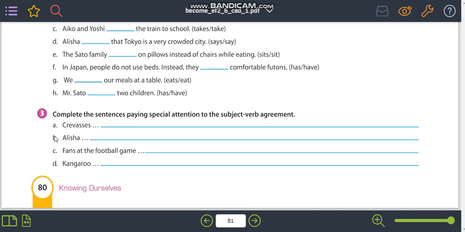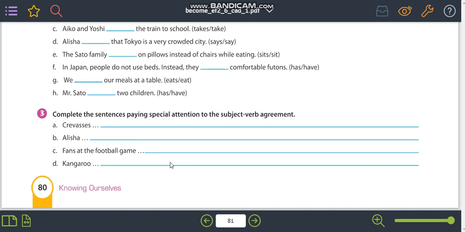Alicia, third person. Fans at the football game, for it's the plural form, fans. And kangaroo, we can replace it to it, so it's third person. You can use the S in the end of the verb if you're doing the sentence in the simple present. If you're doing in the simple past, no problem, you just have to use it right, okay?